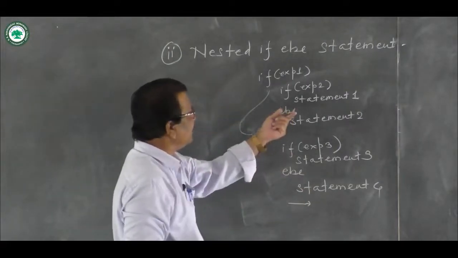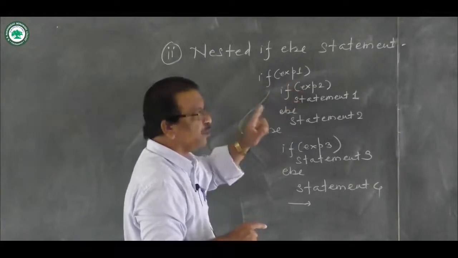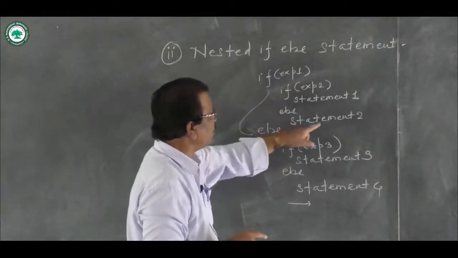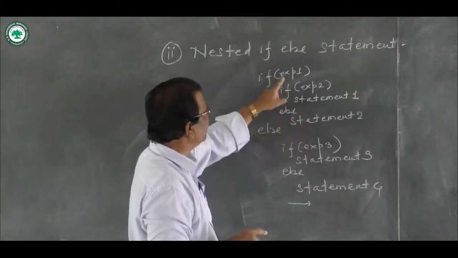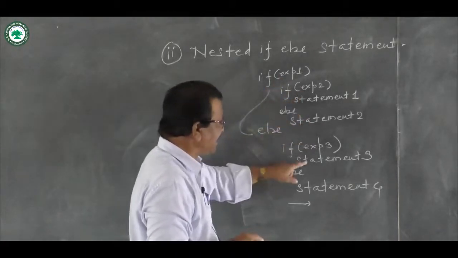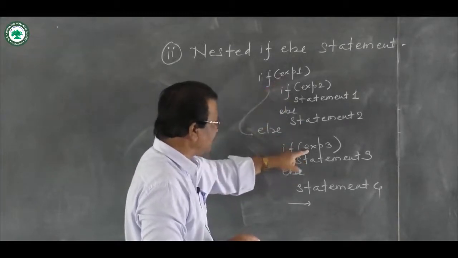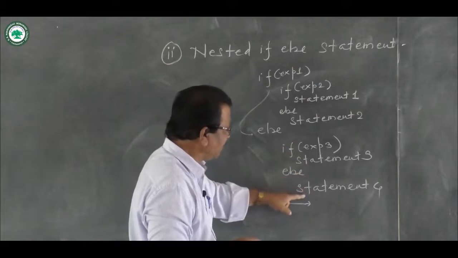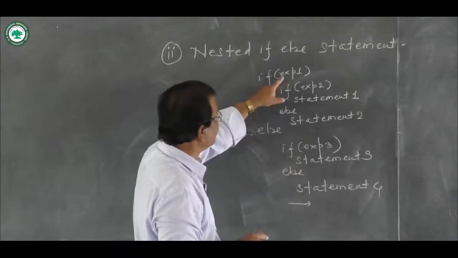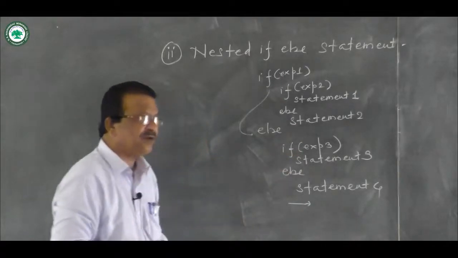So statement 1 is executed if expression 1 and expression 2 both are true. Statement 2 will be executed if expression 1 is true and expression 2 is false. Statement 3 will be executed if expression 1 is false and expression 3 is true. Statement 4 will be executed if both expression 1 as well as expression 3 are false.